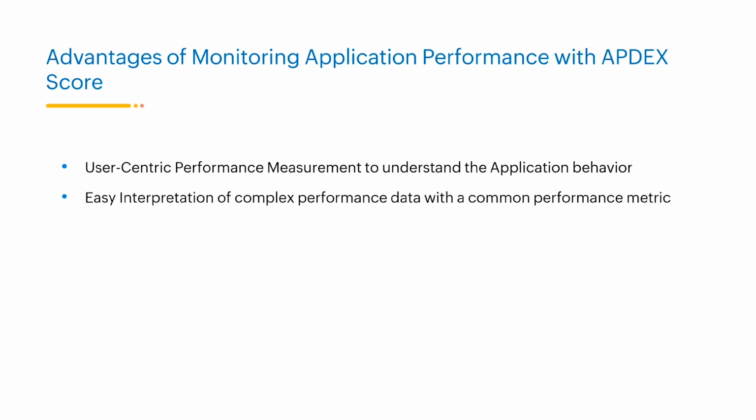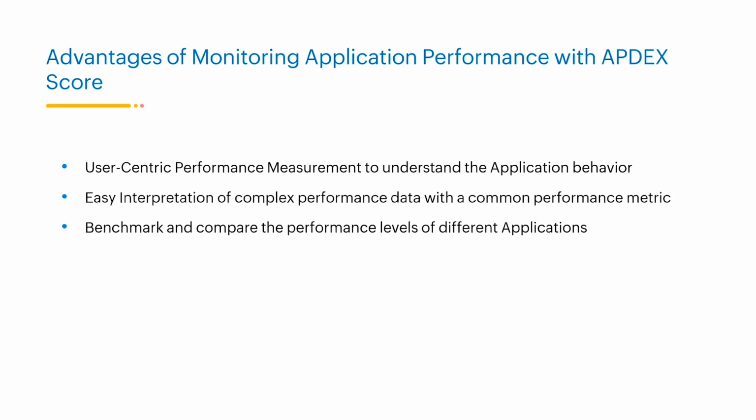The interpretation of complex performance data with the common performance metrics simplifies the complexity of the data into a single and easily understandable metric by providing a clear and standardized value to assess the performance of the application. You can benchmark and compare the performance levels of different applications, which allows you to identify high performing applications, leading to the consistent improvement across your IT environment.